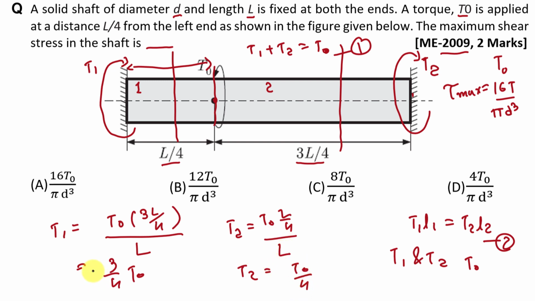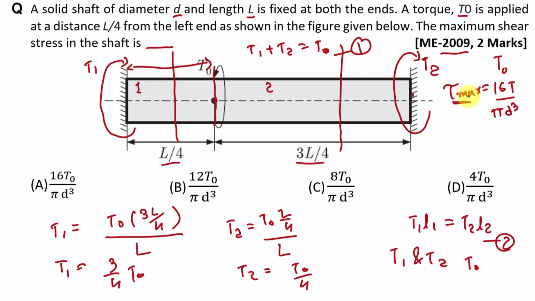And we know that T1 and T2 are the values of the twisting moments in shaft 1 and shaft 2. If we want to find the maximum shear stress in this shaft, then we have to take the maximum value of the twisting moment. Here we can understand that the maximum value of the twisting moment is T1. Here T1 is greater than T2, right?